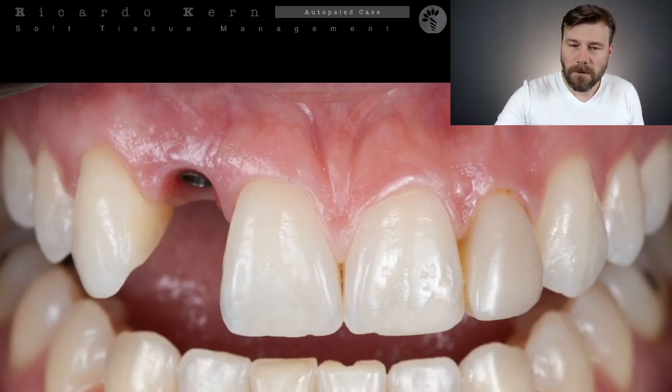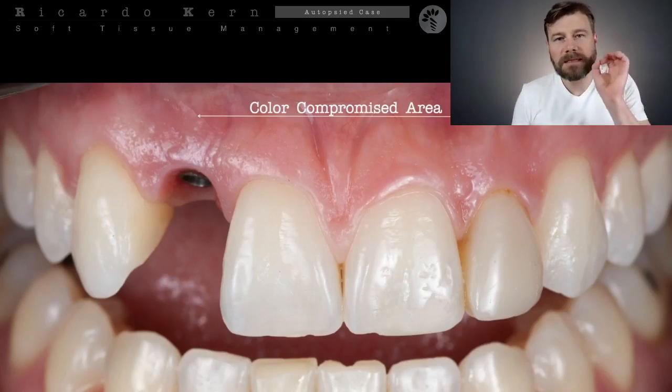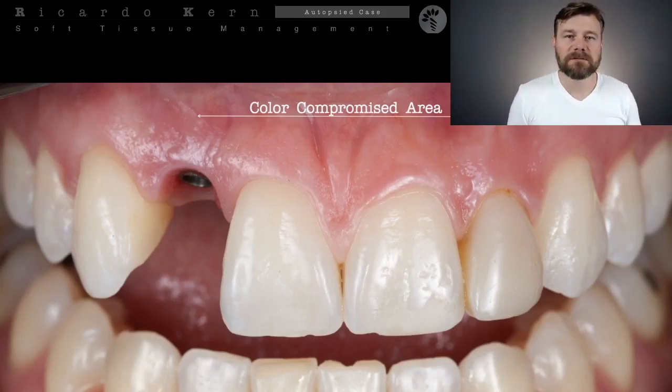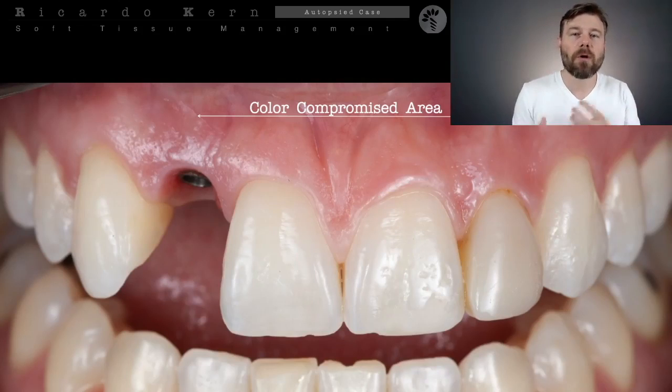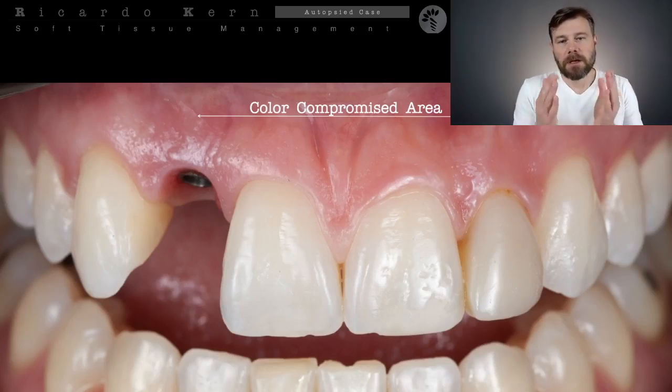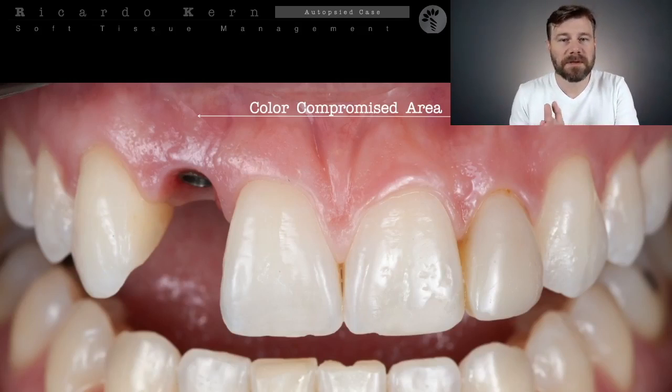So first of all, for the peri-implant tissue in the aesthetic zone, usually we identify 4 different problems. One of them, and it's very common, is a color compromised area. It means that I don't have enough thickness of soft tissue, maybe not bone, covering the titanium of the implant.